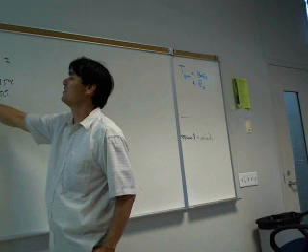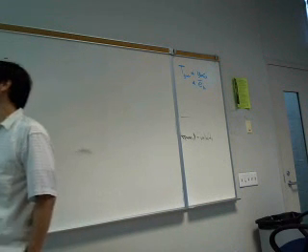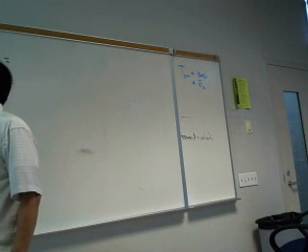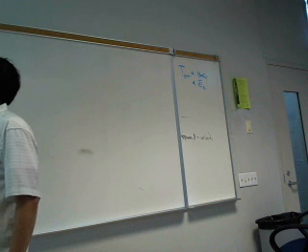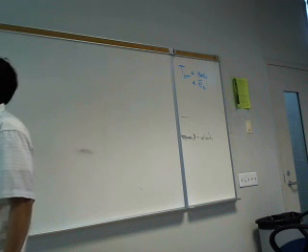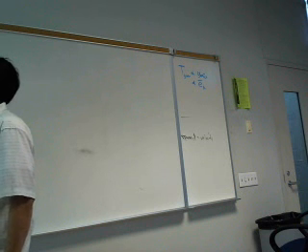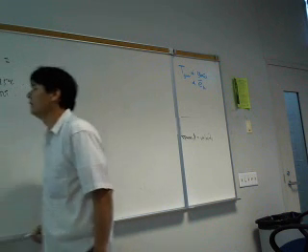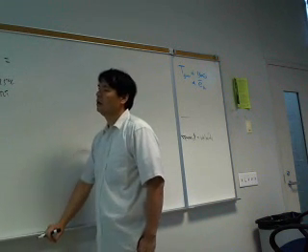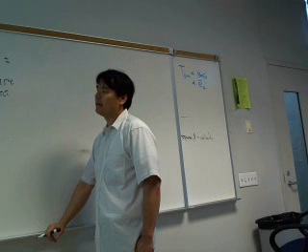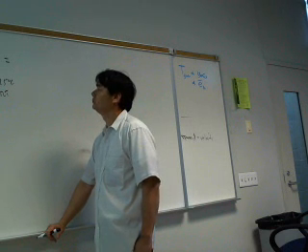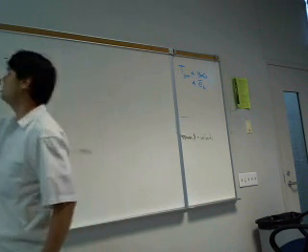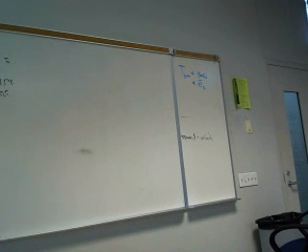URMS is equal to the square root of E bar K over the mass. In other words, E bar K is equal to mass times URMS squared. But this is the form we're going to remember.